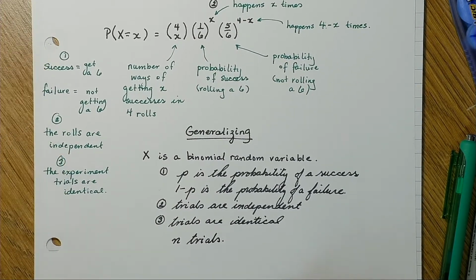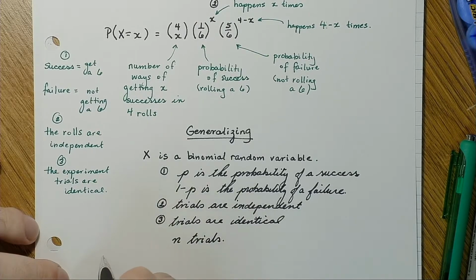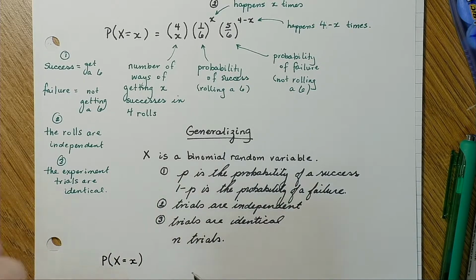So we can start to build it up just the way that we had done it previously. We'll say that the probability of x equals a little value of x. So that's the number of ways of getting X successes in N trials. So that's what we want.